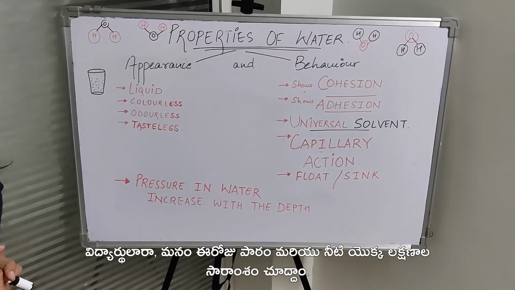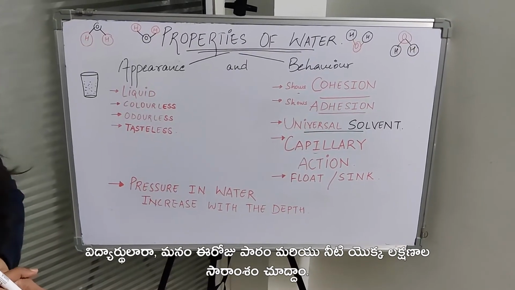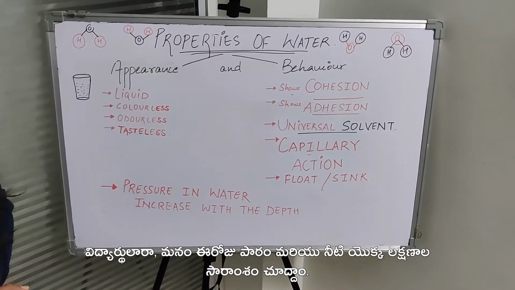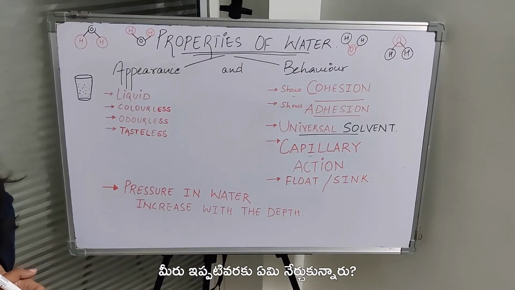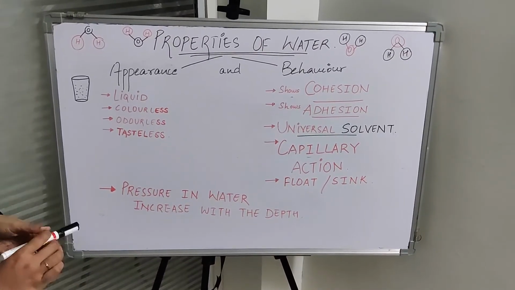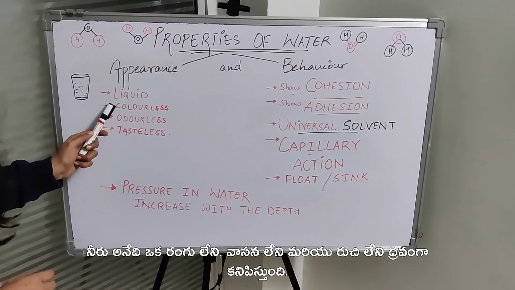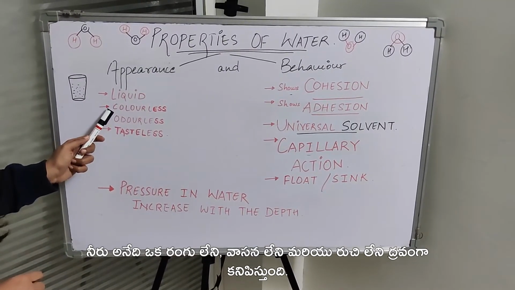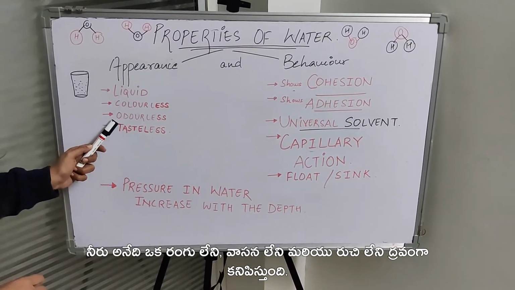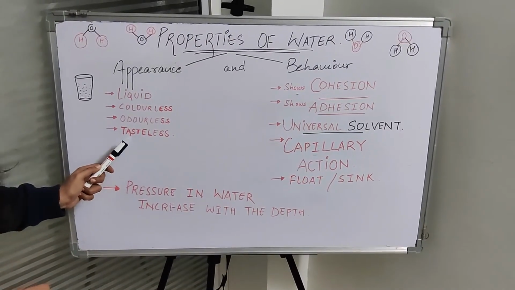So students, to summarize today's lesson and properties of water, what have we learned till now? Water appears as a liquid which is colorless, odorless and tasteless.